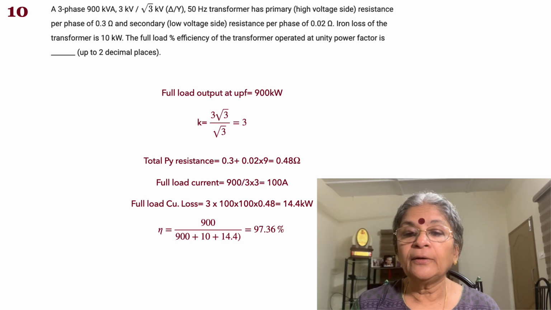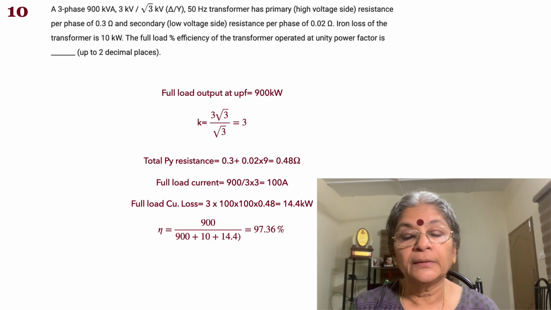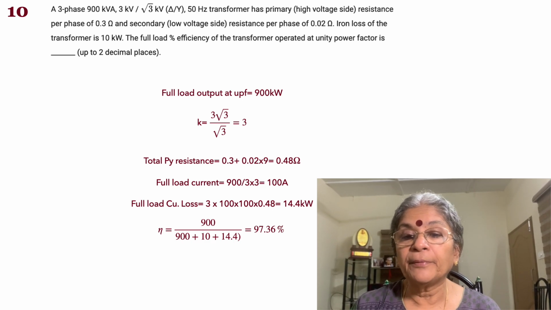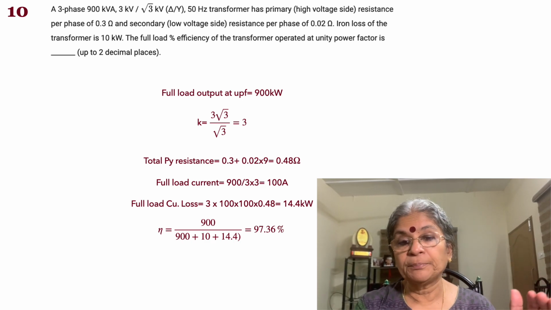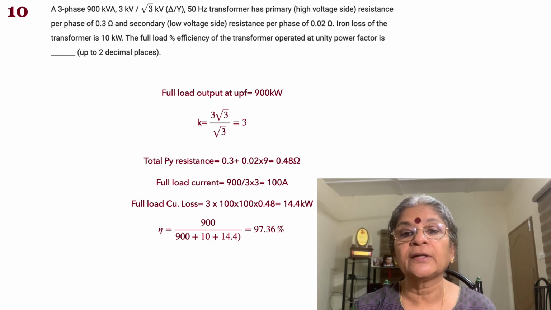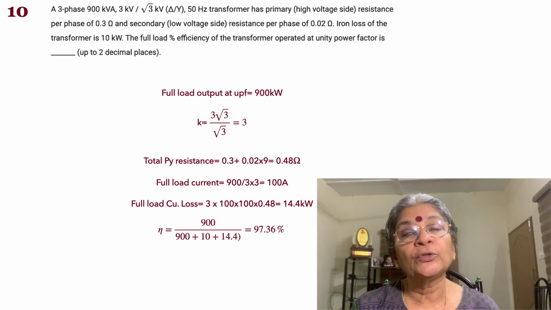Then the full load current is 900 kVA divided by 3, that is for per phase, and then again because it's a delta, divided by 3 kV, which is the primary applied voltage. So it gives us 100 amps.